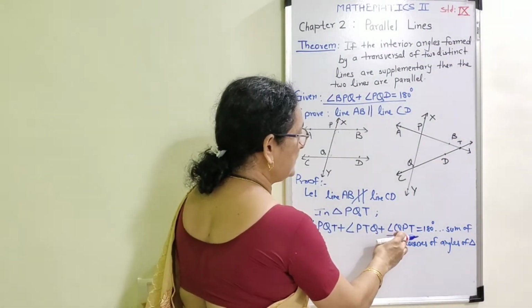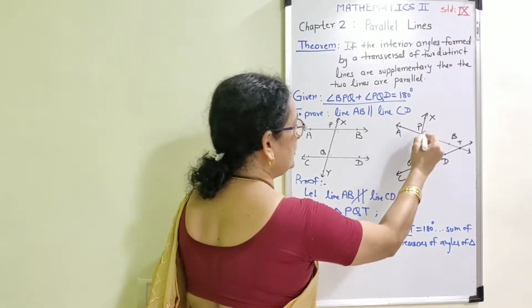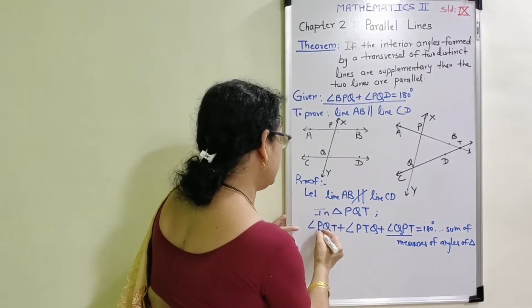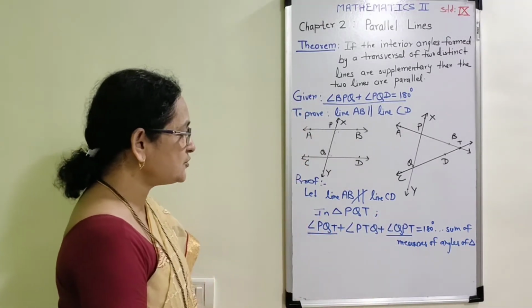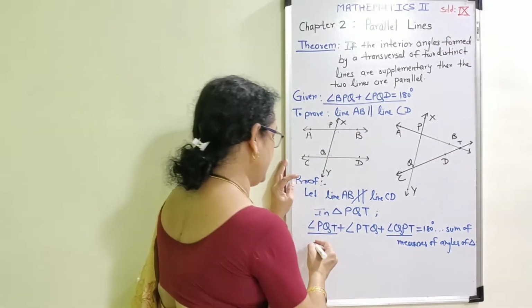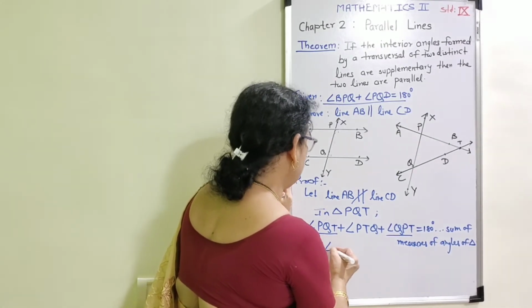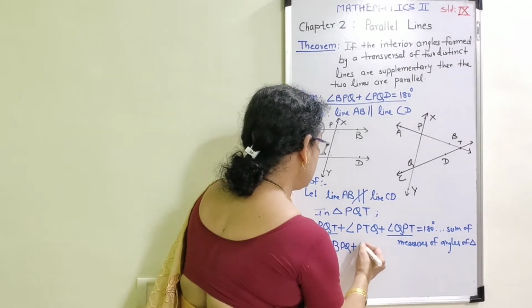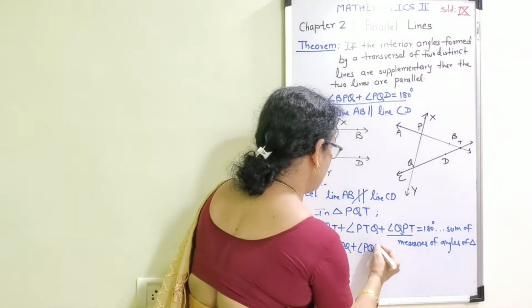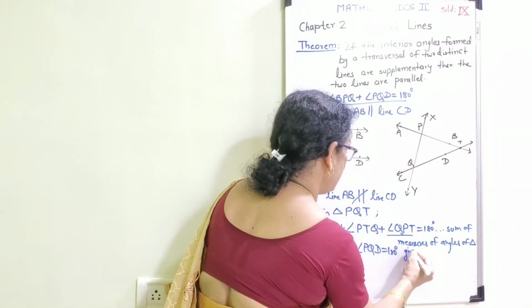Now the next angle is angle PQD, that is angle PQT. The sum of measures of these two angles is 180 degree. Now write that step. But angle BPQ plus angle PQD is equal to 180 degree, given.